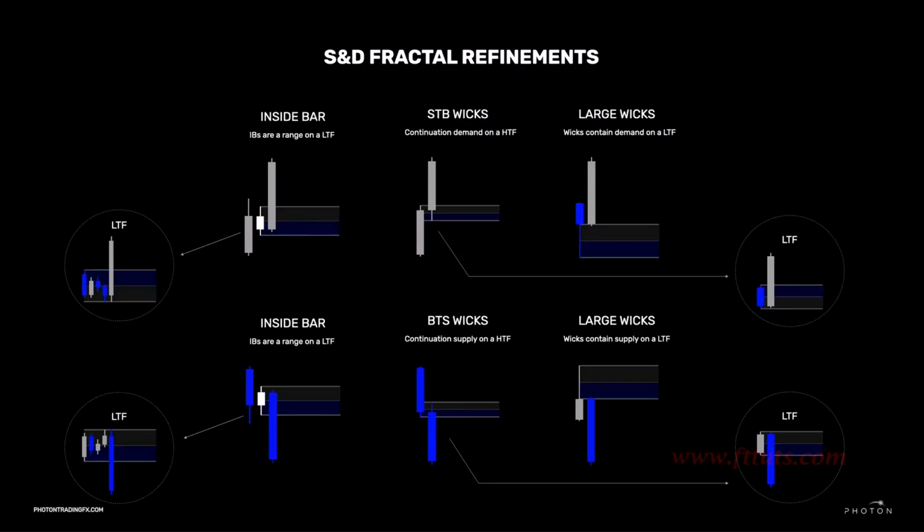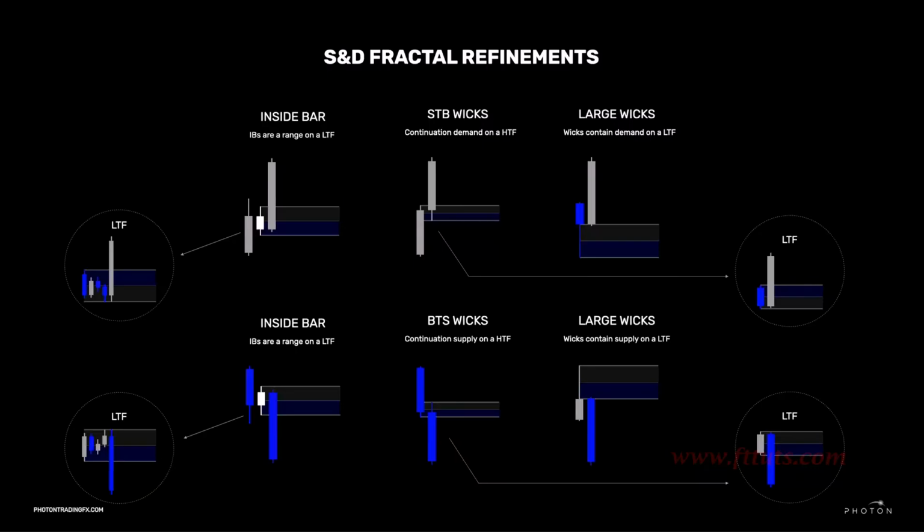Now, lower time frame zones will not always be visible on the higher time frames, but when you can see, for example, that M15 zone on the 4-hour via a fractal refinement like that, in theory, that should increase the strength of that zone. And all of that we've just spoken about, of course, applies to supply zones. So where you have two bearish candles, for instance, that then form those buy to sell wicks, and then on the lower time frame, those wicks will represent either range created or pivot created supply.